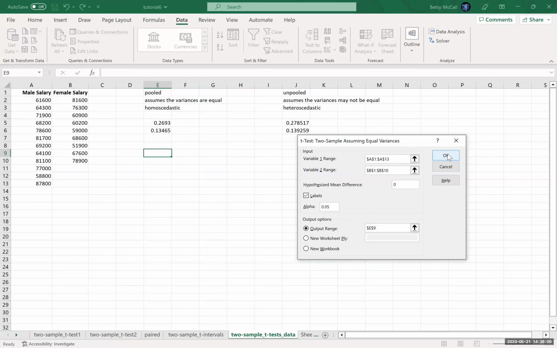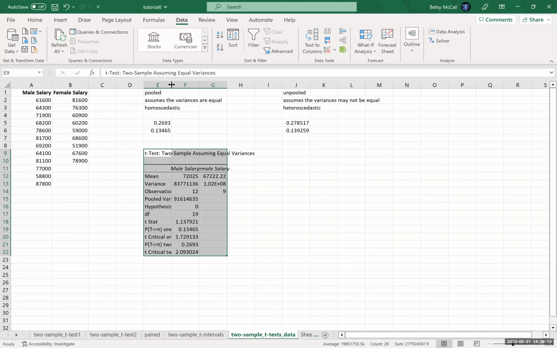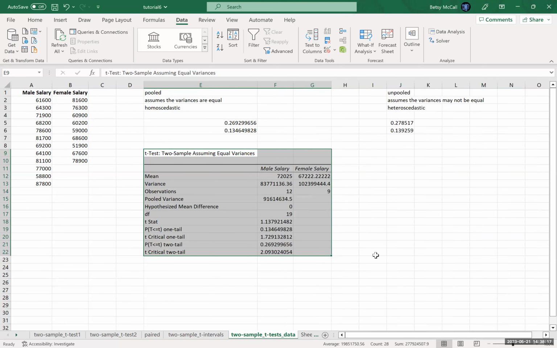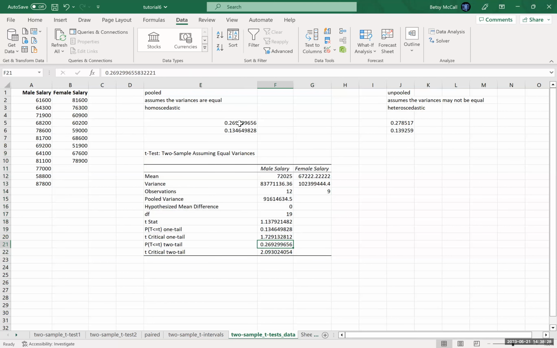And then once everything is in, we hit OK. And we get a little bit more information, which is useful. It's going to tell us what tests we conducted. It's actually given us a bunch of test statistics instead of just giving us the p-value, which is this one down here. It's the same as this one up here. It's also giving us the means of both groups, the variances of both groups, the observations in both groups.